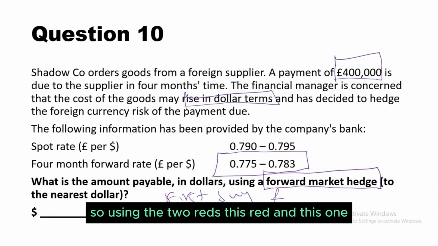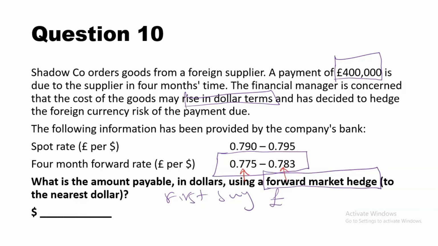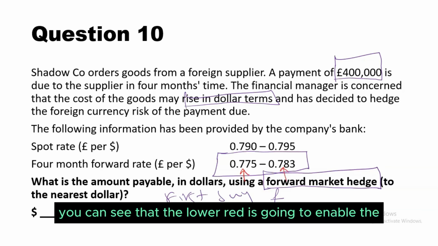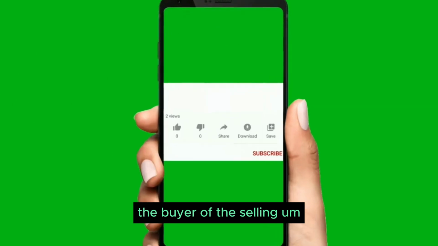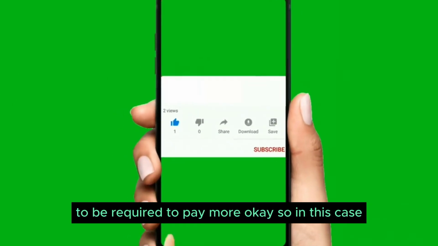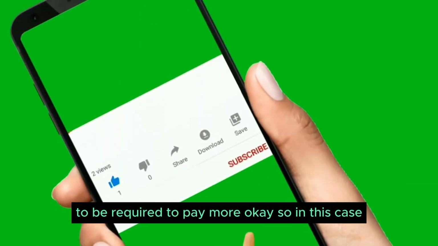So using the two rates, you can see that the lower rate is going to enable the buyer of the sterling to be required to pay more.